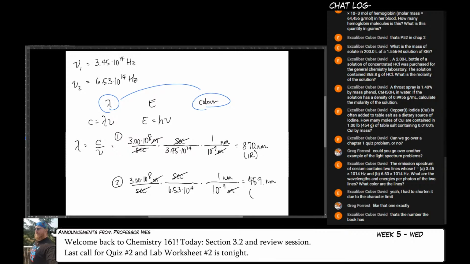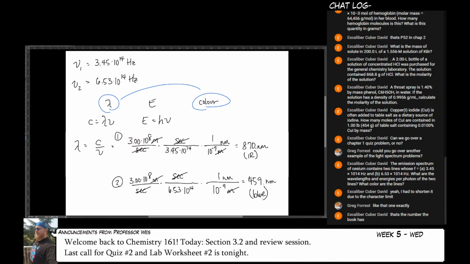So what is 459? This is like yellow-green. Actually, this is more like yellow, I think. No, wait, hold on. Sorry, wrong direction. 459 is like dark blue. Okay, so there's our wavelengths.